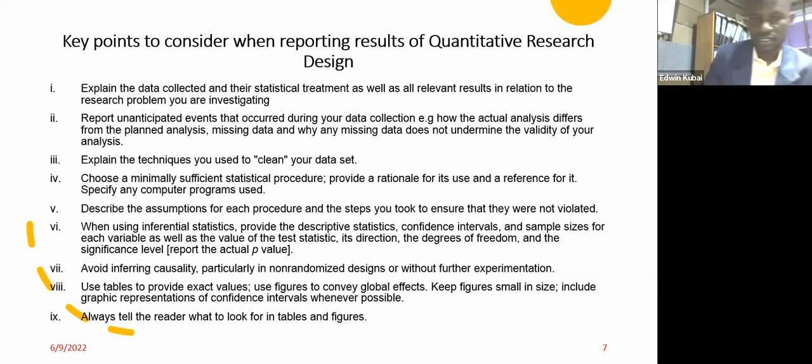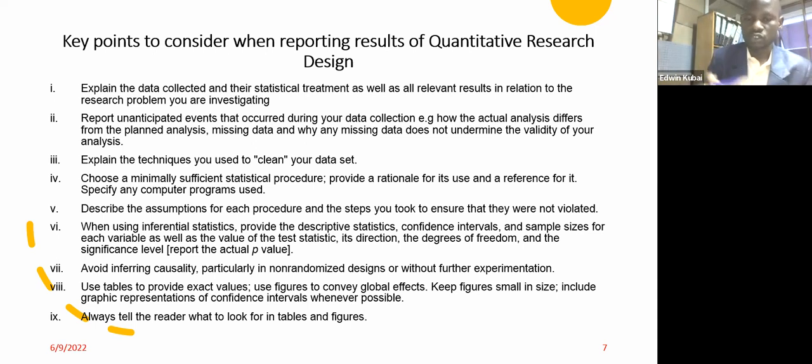Or missing data. If, for example, you find that there is data that is missing in terms of analysis that you may not have collected because the response rate is low, how do you cater for that missing data? Will it affect the reliability or validity of your data? So you need to talk about it, and explain why any missing data does not undermine the validity of your analysis.